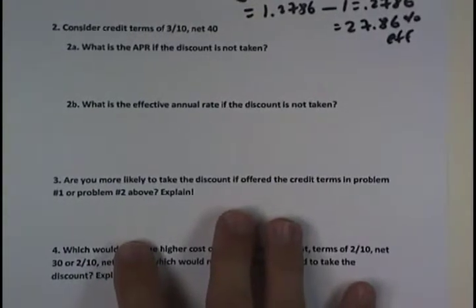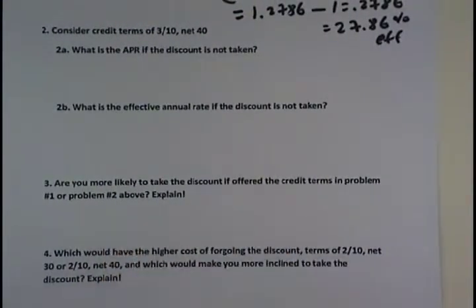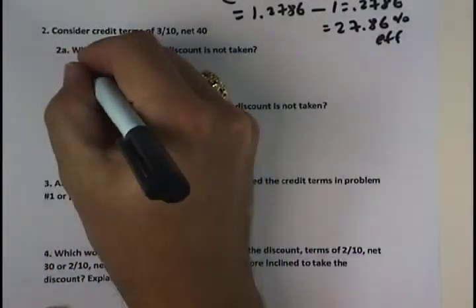In problem 2, it asks us to consider credit terms of 3/10 net 40. So it's similar to problem 1, except the discount percentage is now 3% instead of 2%. In part 2A, we're asked for the APR if the discount is not taken.